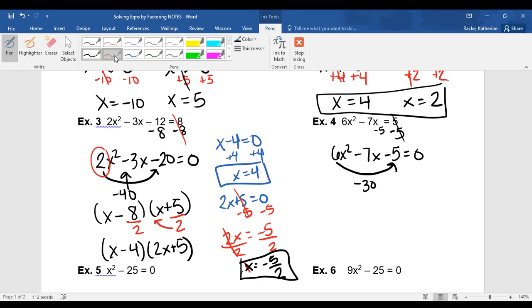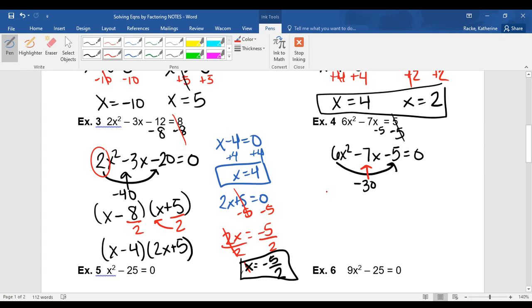Two numbers that multiply to give me negative 30, but add to give me a negative 7 are going to be 10 and 3.